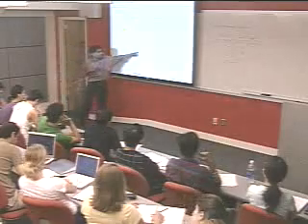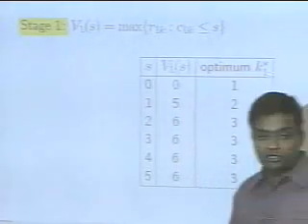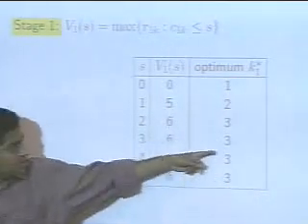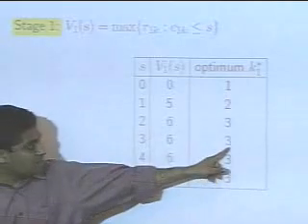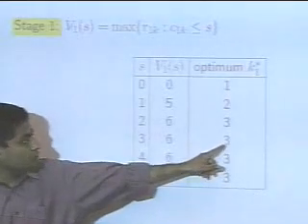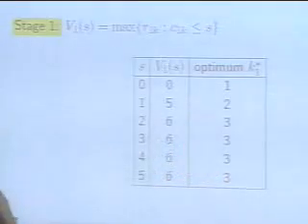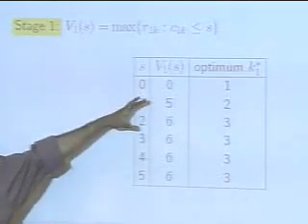If I have $3 million, the best thing for me to do is to spend $2 million and select project 3 and get $6 million as the best revenue. And that's what this particular line here tells me. If I have $3 million available, the K1 star, the project that I'm going to choose, is going to be 3, and the revenue that I'm going to get from that is 6. All right? So is this table clear to everybody?